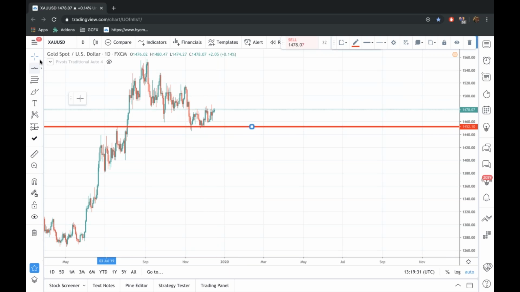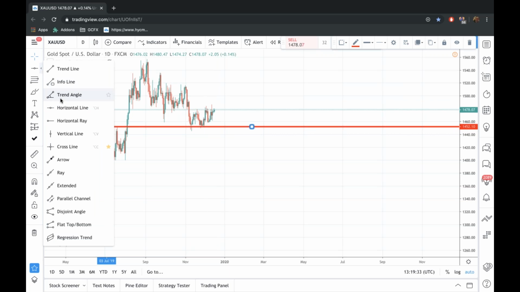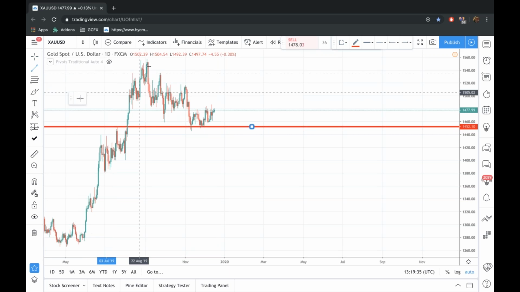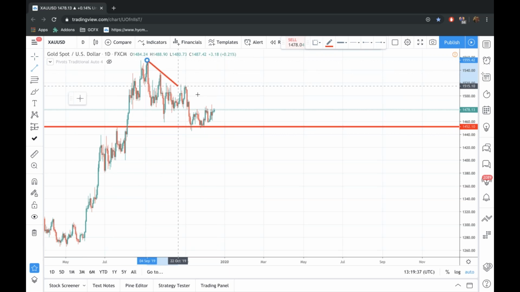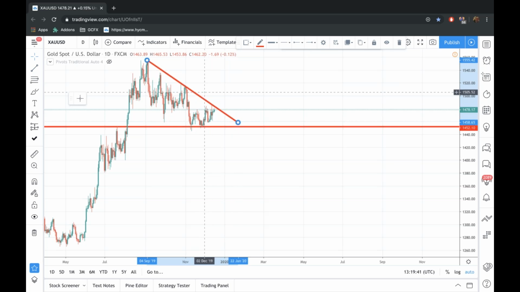So you can see we're approaching a key trend line here. If you just look at that daily trend line, okay, we've got one, two touches. So this will be a key trend line. It's a little bit of a triangle forming here.